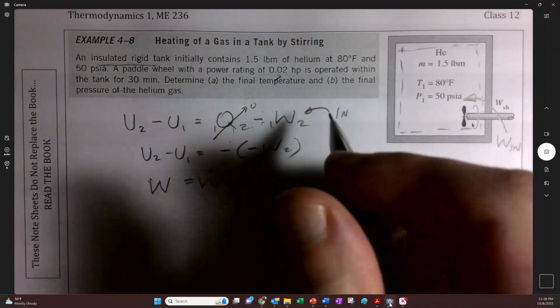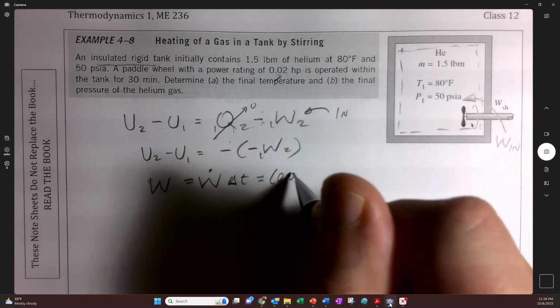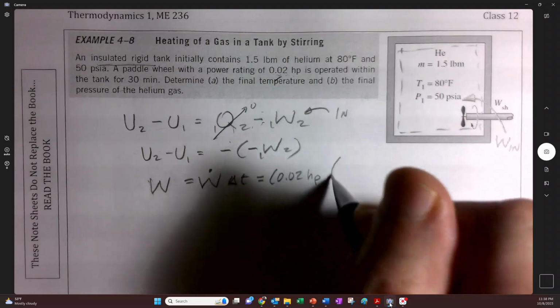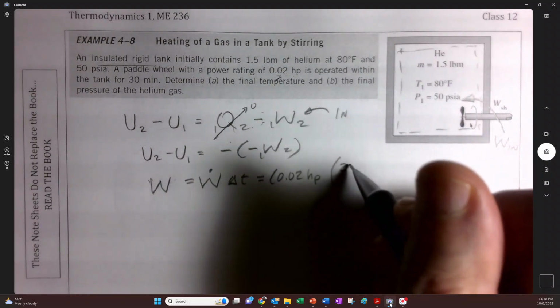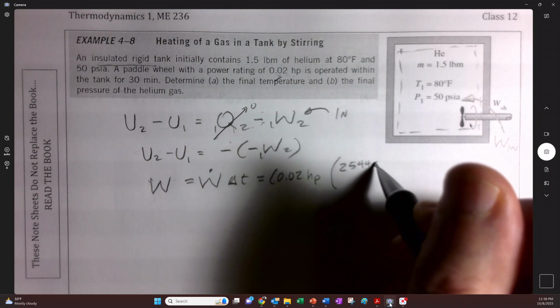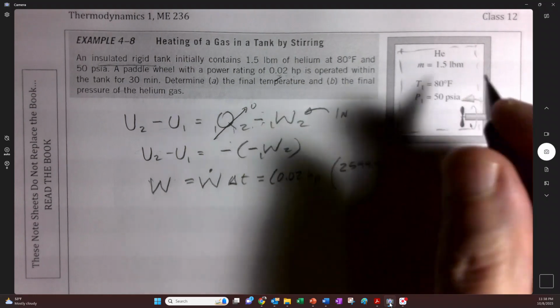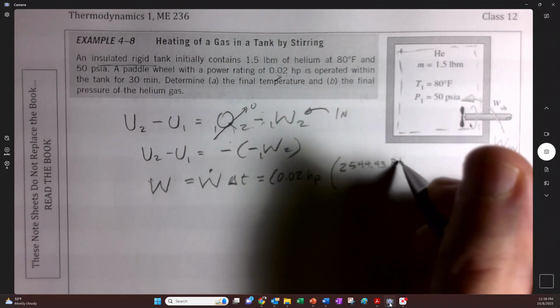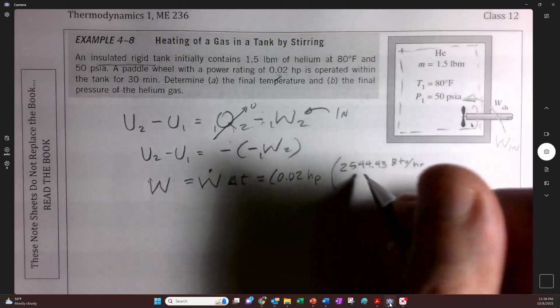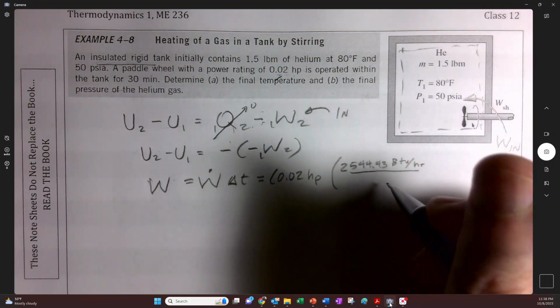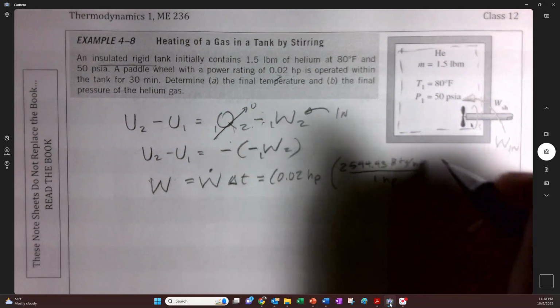So 0.02 horsepower, multiplied by 2,544.43 BTUs per hour per horsepower. That's a nice way to write it.